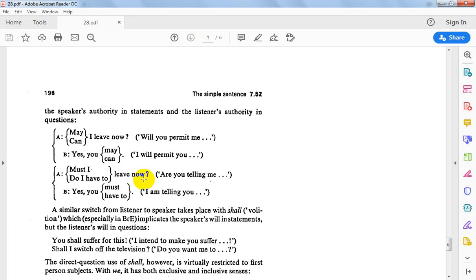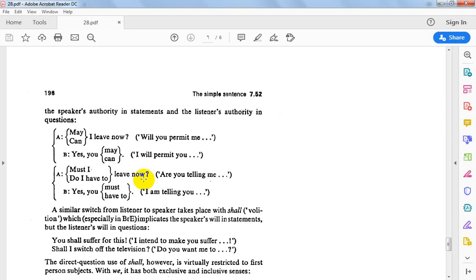A similar switch from listener to speaker takes place with shall. Shall is volition, which implicates the speaker's role in statements, but the listener's role in questions. Please, students: speaker's role in a statement, but listener's role in a question.